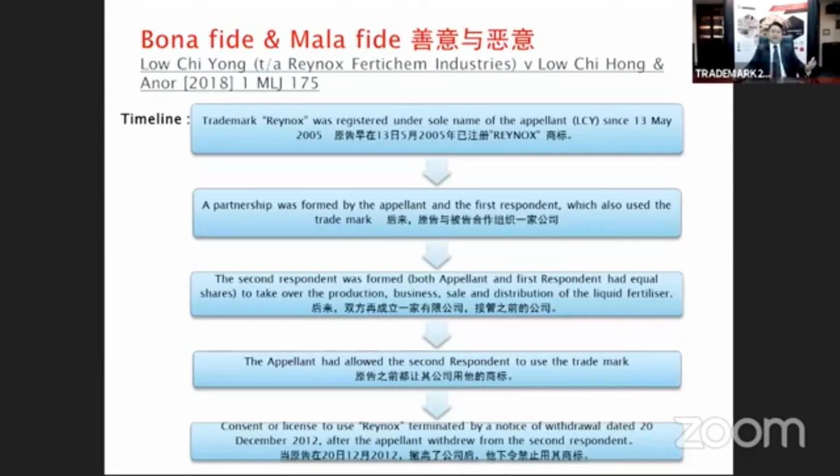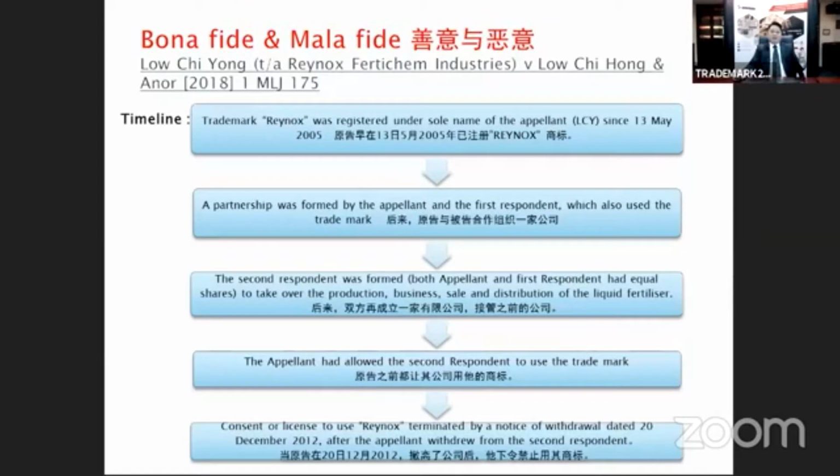They formed a new limited share company to run the business, using the Renox trademark. Now, during these two stages, there was no transfer of ownership of the trademark from LCY, Lo Chi Yong, to the company. All this while, the trademark was registered in the name of Lo Chi Yong.